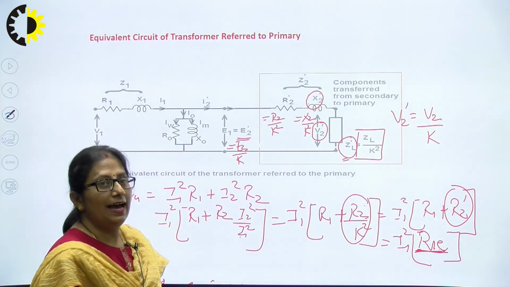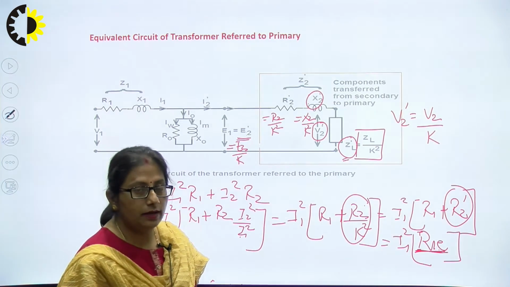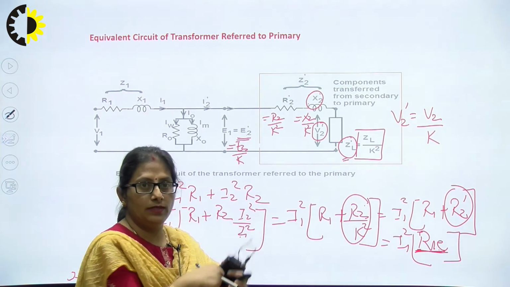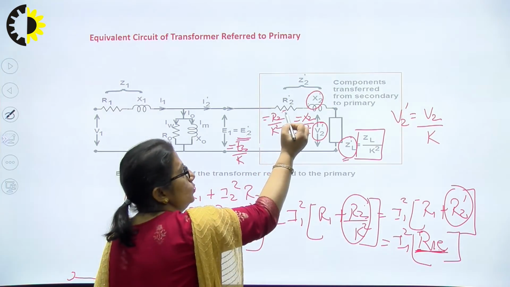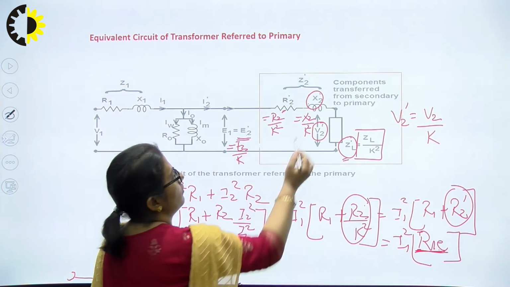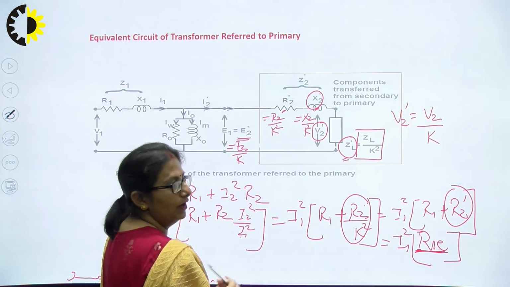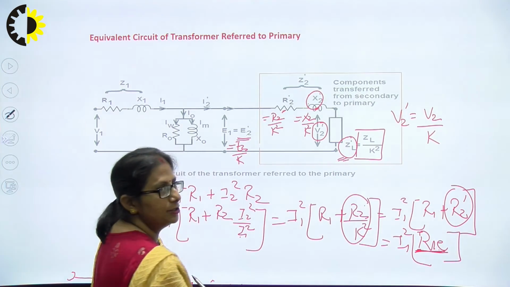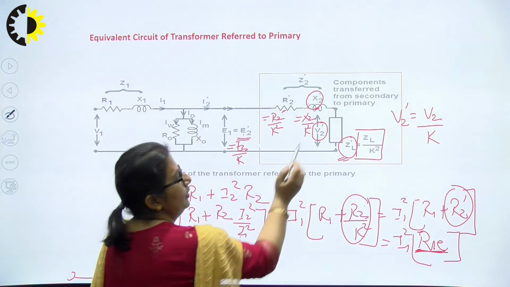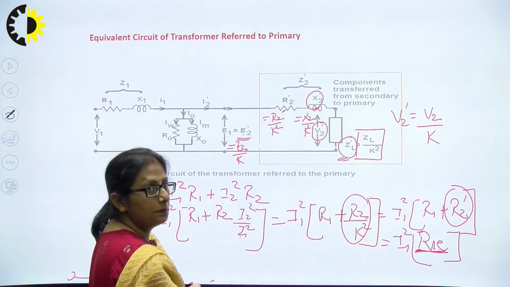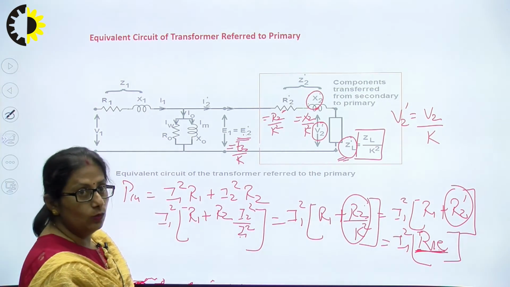Now, let's check whether we have referred all the parameters of the secondary side towards the primary. We have referred R2 as R2 dash, X2 as X2 dash, ZL as ZL dash, E2 as E2 dash, and V2 as V2 dash. One more is I2.